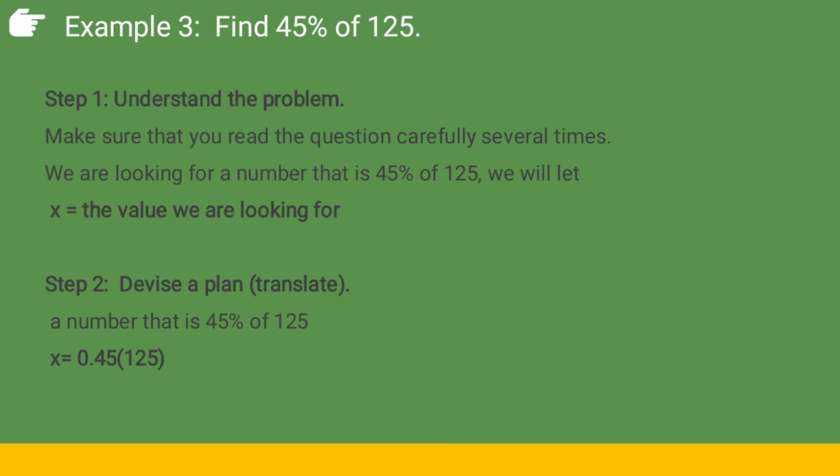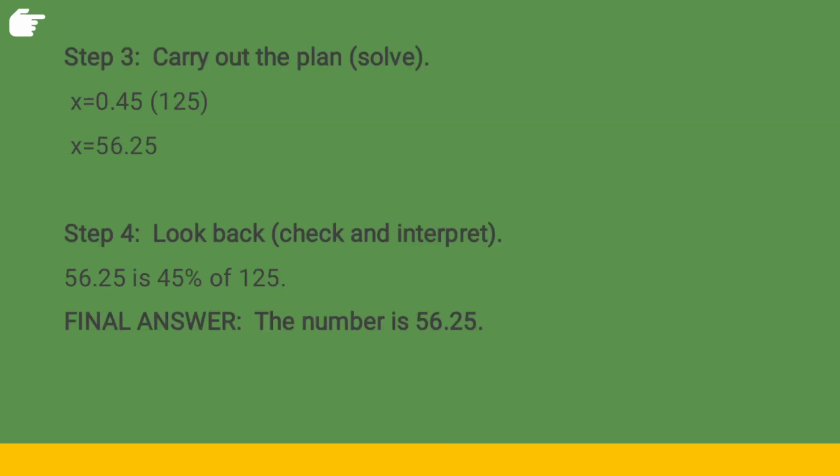And to devise a plan for our second principle, we need to translate the given statement, a number that is 45% of 125. The translation of that will be x is equal to 0.45, the decimal form of 45%, times 125.